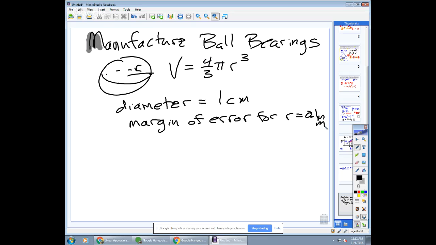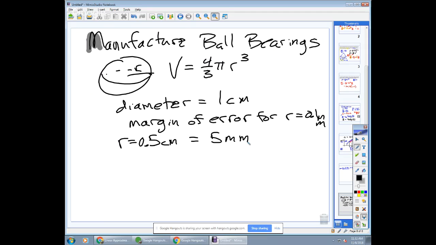Okay. So if the diameter is 1 centimeter, what's the radius here? 5 millimeters. Oh, sorry, 0.5 centimeters. I was getting millimeters next. It should be 5 millimeters. So what I want to figure out is if there's a range of possible errors, right? It could be anywhere from negative 0.01 up to positive 0.01.